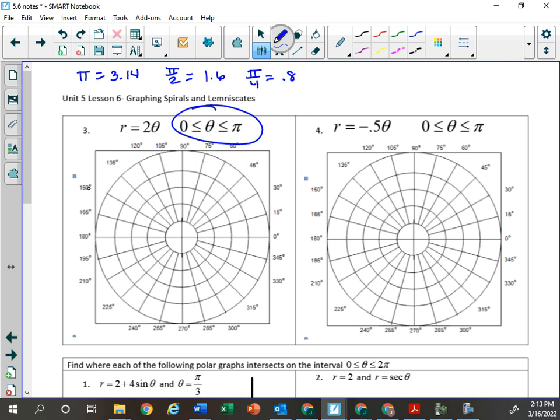Unless it says plus or minus something after it, like if it was 2 theta plus 4, you'd actually do 2 times 0 plus 4, so you'd be out at 4 then. It wouldn't actually be infinite, it would be like 0 to 15 pi.